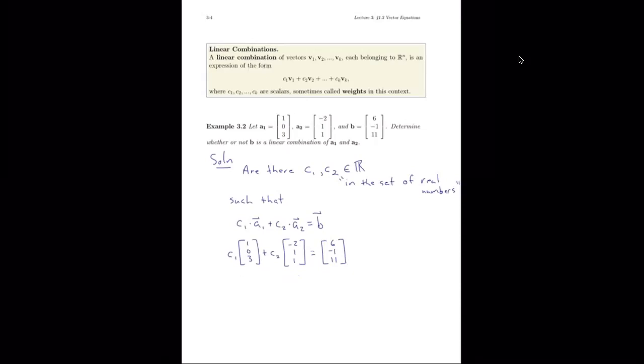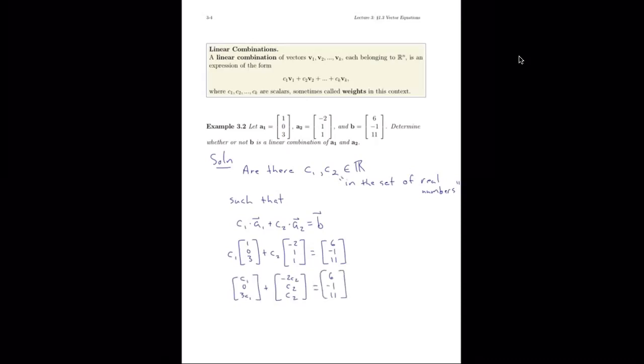So it would look like this. If we start to simplify this, we have C1, 0, 3C1 in this vector, right? We multiplied by our constant C1, plus over here we have -2C2, C2, C2, each of those multiplied by 1, equals 6, -1, 11.